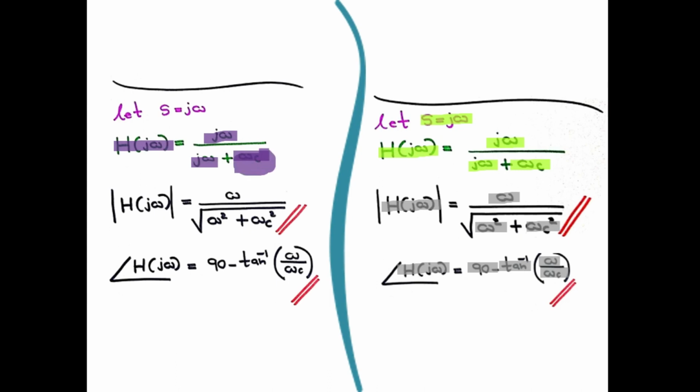And the magnitude of the transfer function H(j omega) equals omega divided by the square root of omega squared plus omega c squared. Next, the phase angle of the transfer function is 90 minus tan inverse omega divided by omega c.